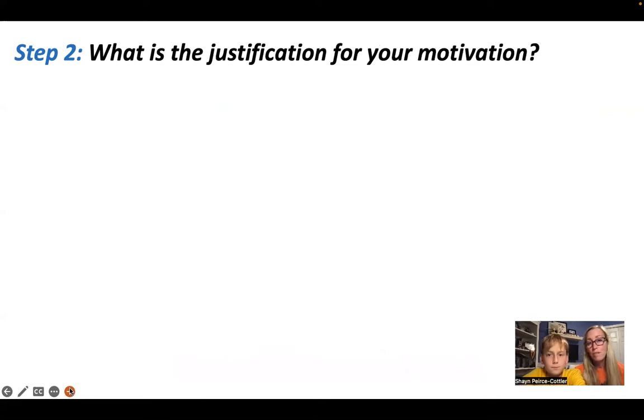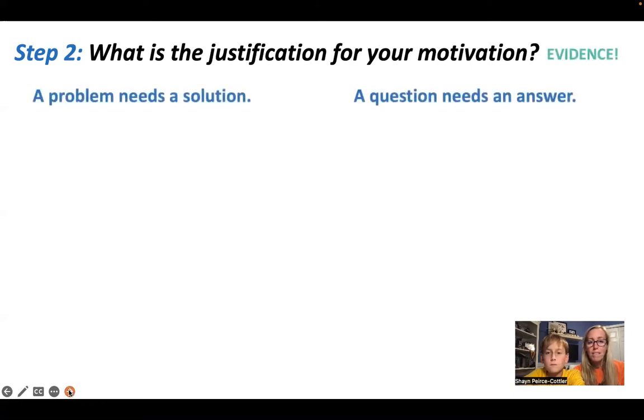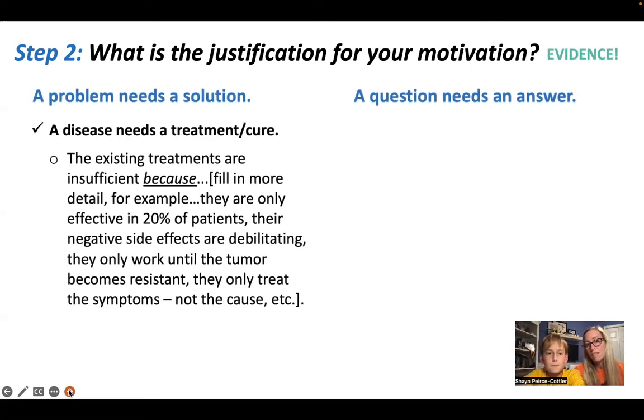All right, so step 2 is addressing what is the justification for your motivation. And by this, I mean, if you're working on a problem that needs a solution, for example, a disease that might need a treatment or a cure, you could say the motivation is that the existing treatments are insufficient because they're only effective in 20% of patients, or their negative side effects are debilitating, or they only work until the tumor becomes resistant, or they only treat the symptoms and not the underlying cause.